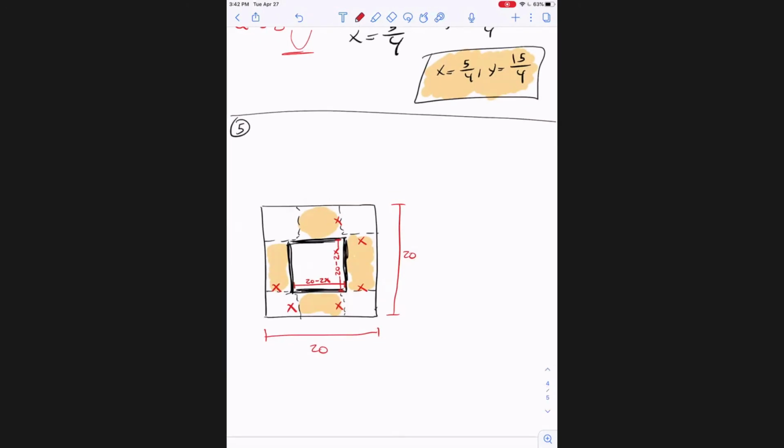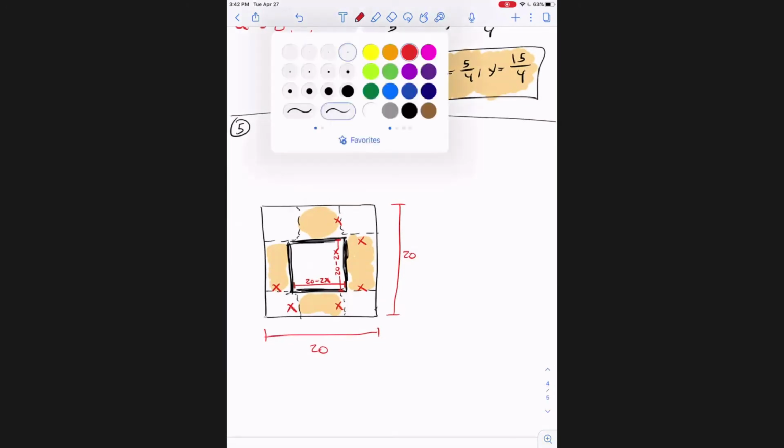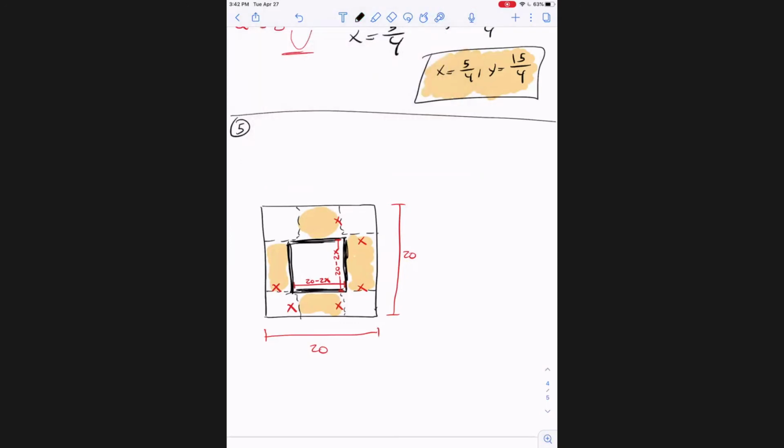All right. And then once you fold it up, your box is going to look like this. So this is your 20 minus 2x, this is the 20 minus 2x, and this is your height, x.